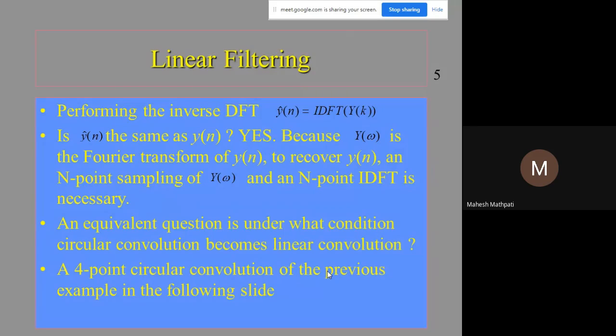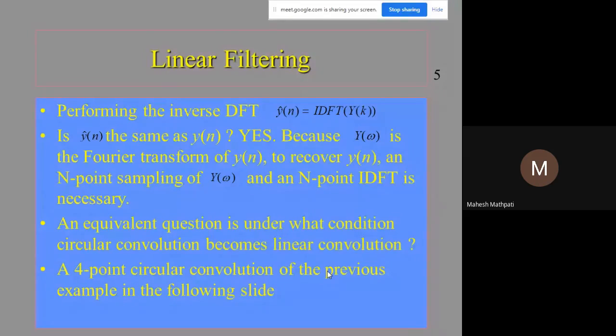To recover y of n, an N-point sampling of Y of omega and an N-point IDFT is necessary.